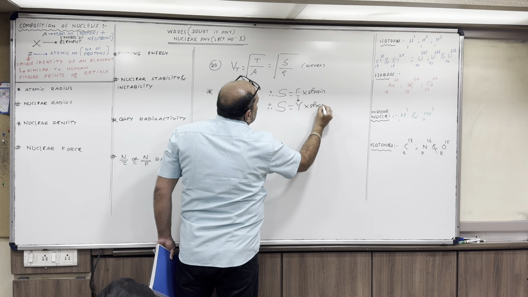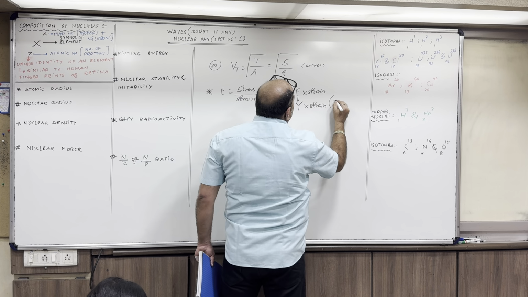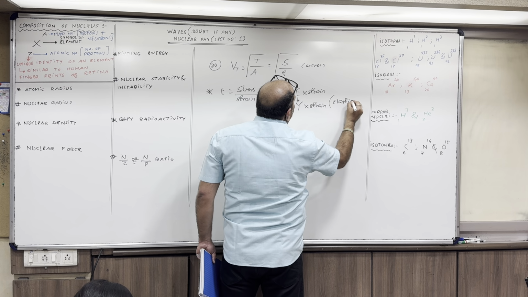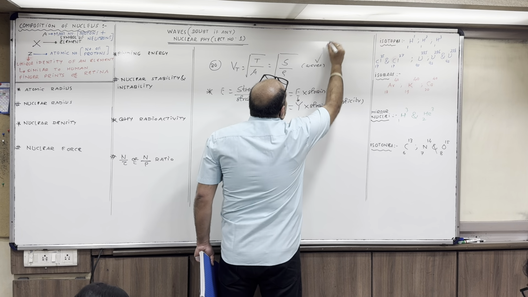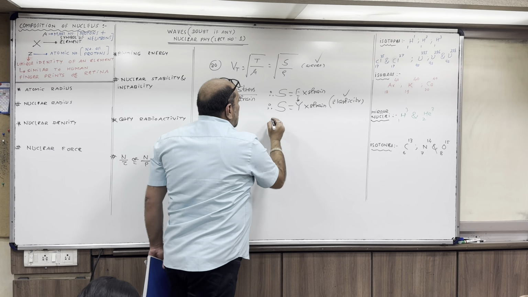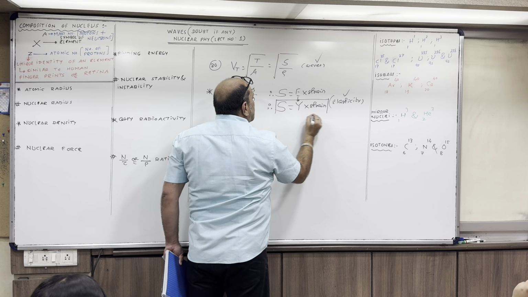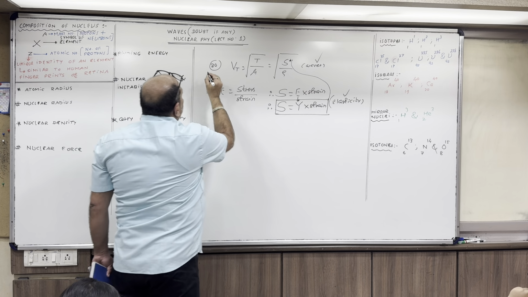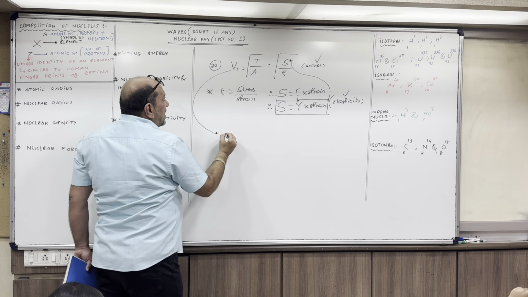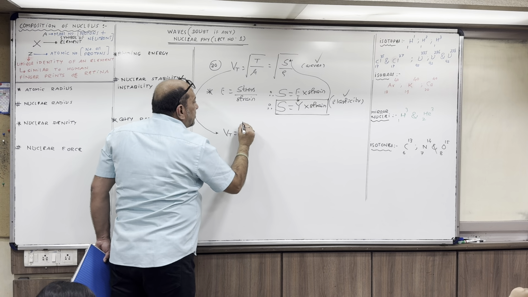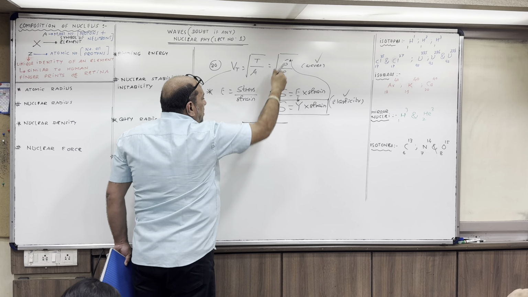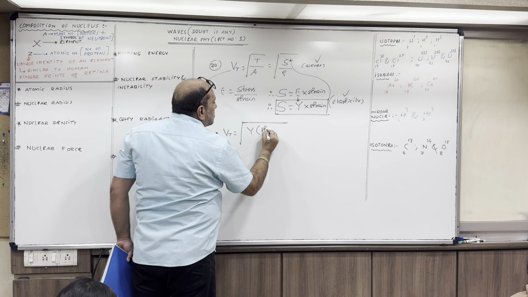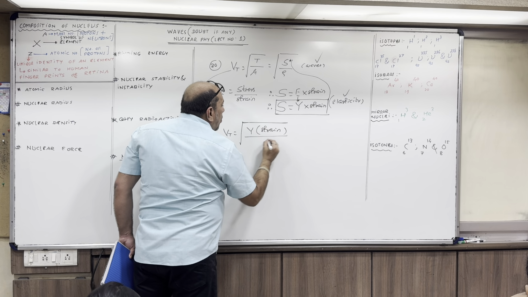So this is the involvement of second chapter, second subtopic, which is elasticity. So I can substitute this stress as Young's modulus times strain, and therefore now I will get the formula as velocity of a transverse wave is under root stress, which can be written as Young's modulus times strain upon rho.